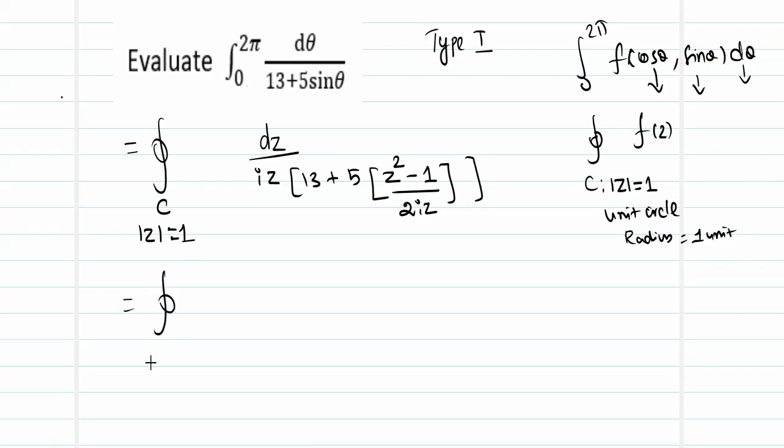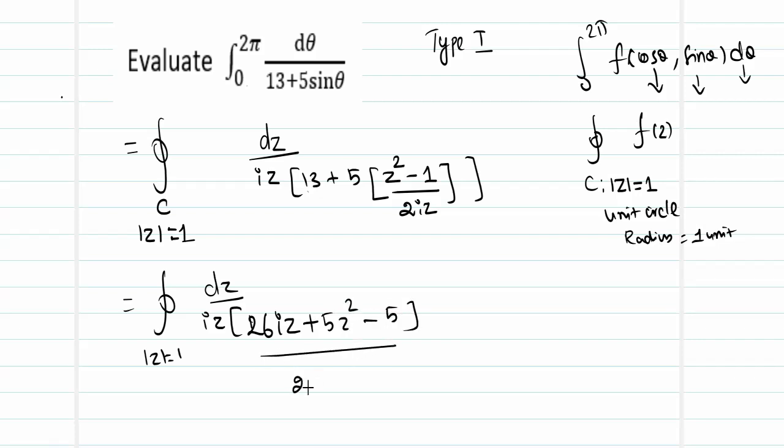Let me make the simplification. I have dz divided by iz times (13 times 2 is 26 iz plus 5 z square minus 5) divided by 2iz. The iz over here can be cancelled with the iz in the denominator, pushing the 2 to the numerator.